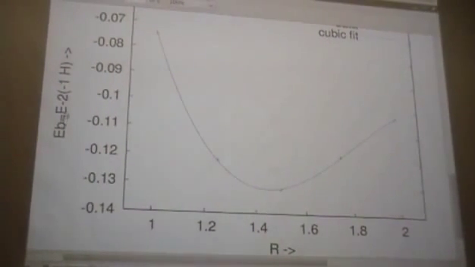It's the total energy of the molecule minus twice the energy of a single hydrogen atom, which is 13.6 volts. That's half a Hartree. There's two of them, so I'm really subtracting off minus one Hartree, not 2 times minus 1 Hartree. I flipped a bit in my head.